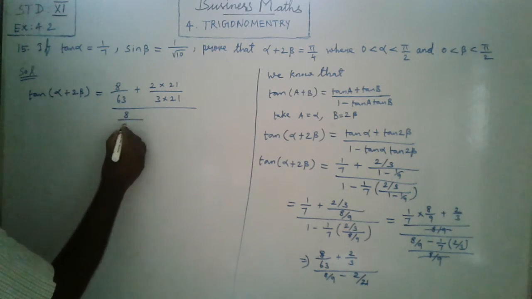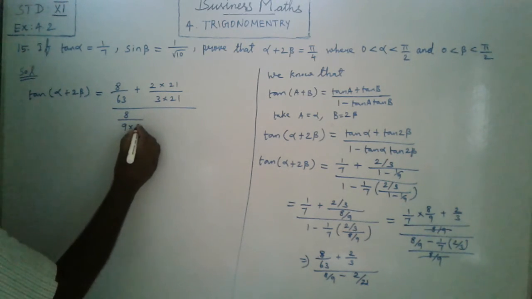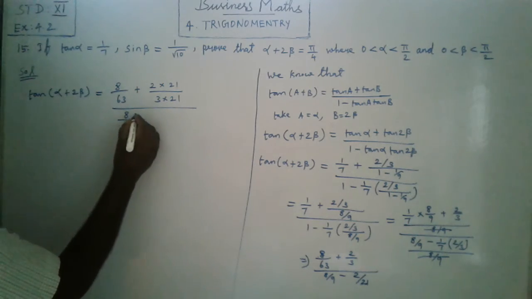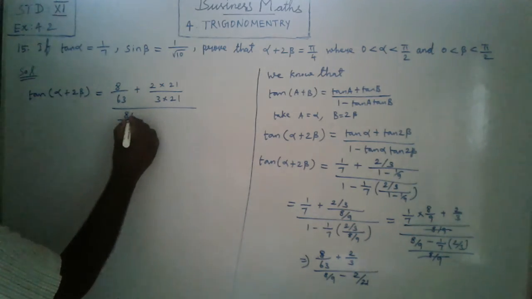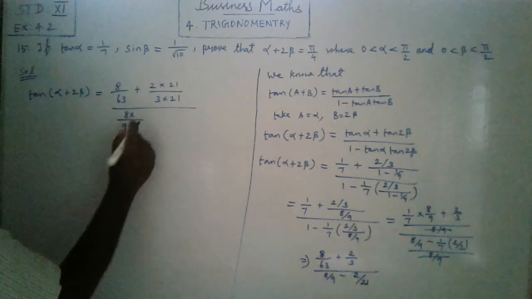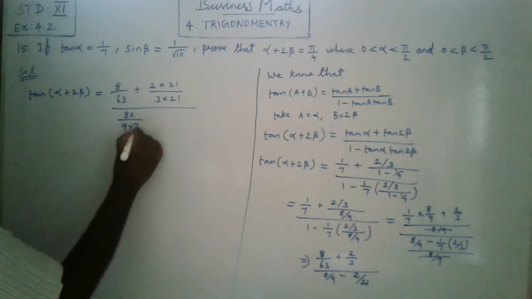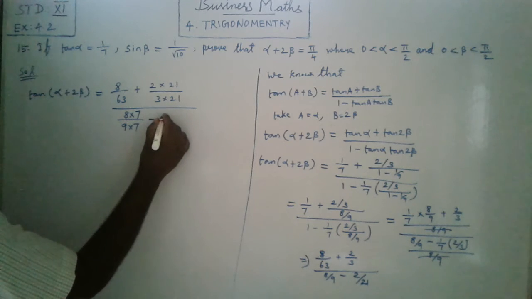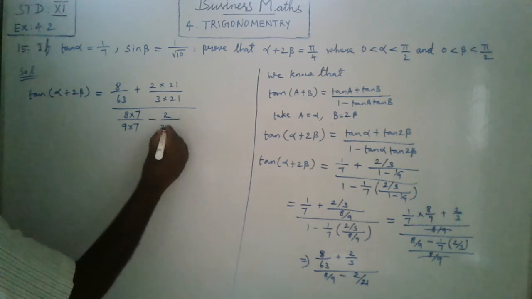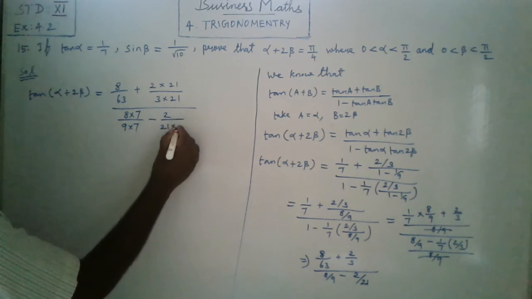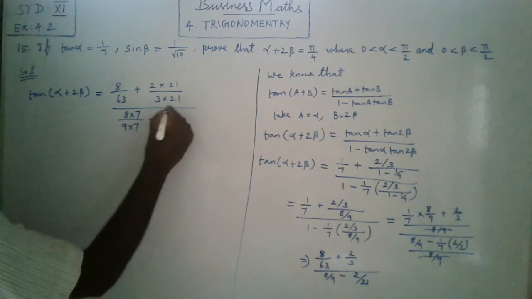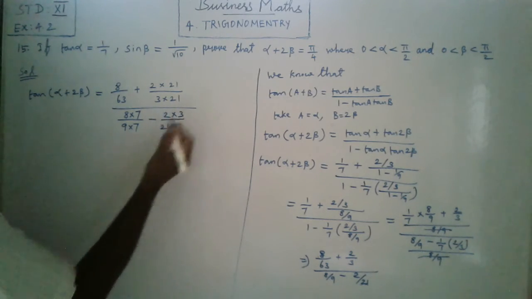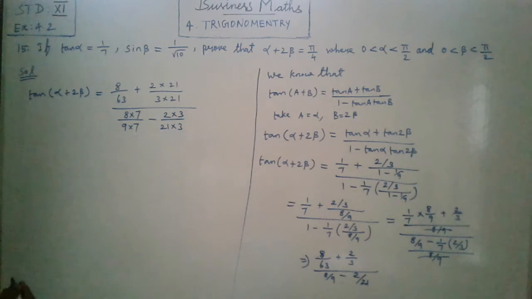8 divided by 9 into 7 is 63. 8 into 7 minus 2 divided by 21 into 3 is 63. So take the LCM, 63 is the LCM.